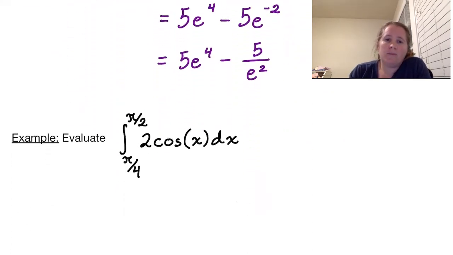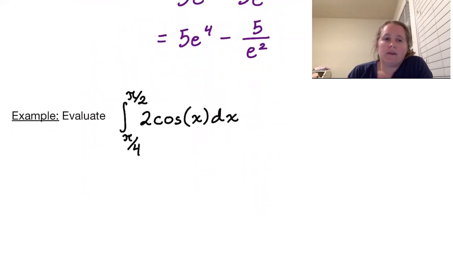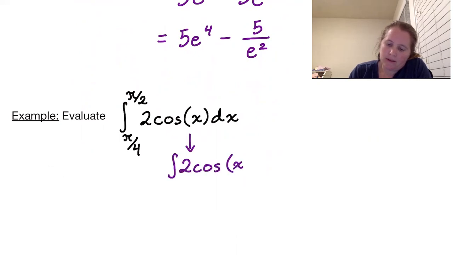One more example. Let's go ahead and evaluate the definite integral from pi over 4 to pi over 2 of 2 cosine x dx. Again, let's go ahead and find the integral of 2 cosine of x dx. Well, that is just 2 sine of x plus c.